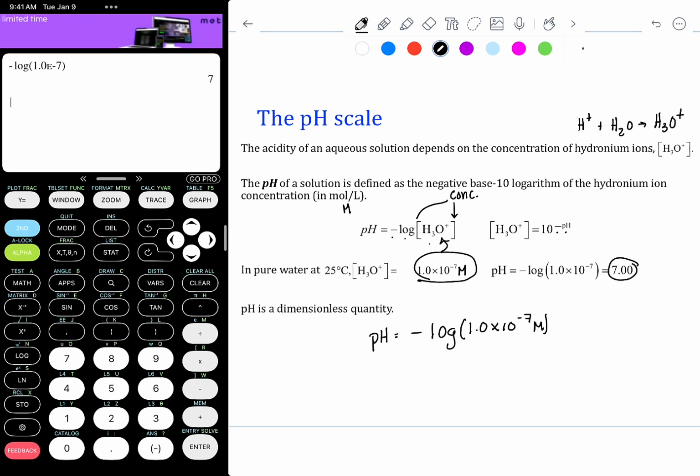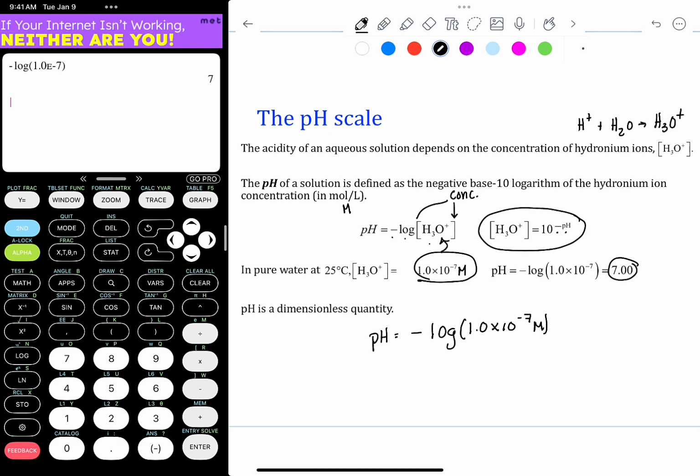So for pH, we just type in the negative log of our concentration. If we wanted to know the concentration from the pH, so let's say we knew the pH of water was 7, we would plug that in. To do that, on graphing calculators, you want to do second log button. That gives you a 10 raised to the. This 10 raised to the is different than our scientific notation 10 raised to the, so just keep that in mind.